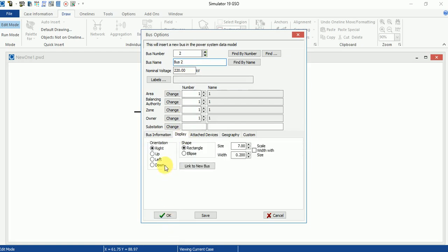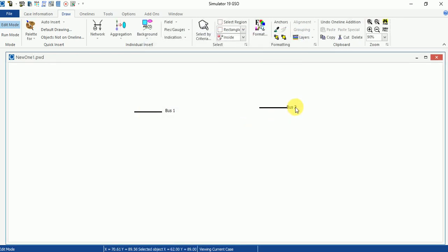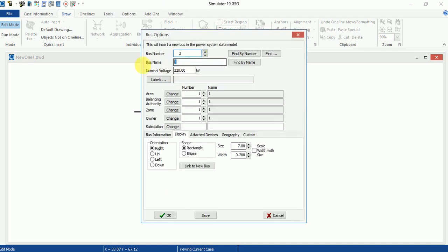The orientation must be right, so click OK. Now there are 3 bus bars remaining inside the system. So again place bus bar number 3, rename it as bus 3. Click OK.